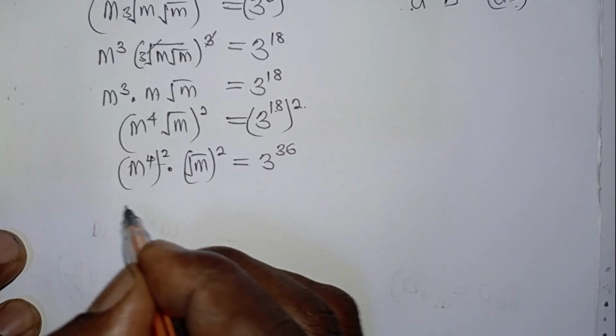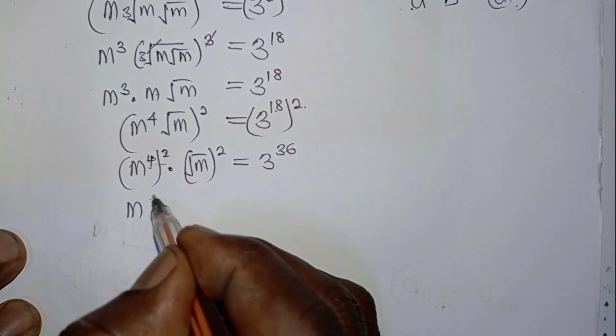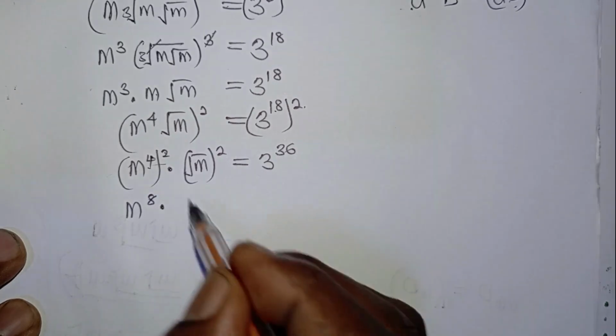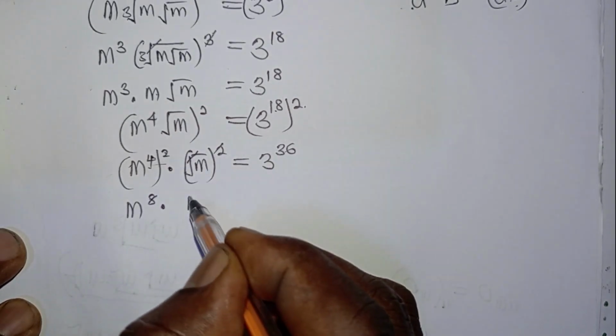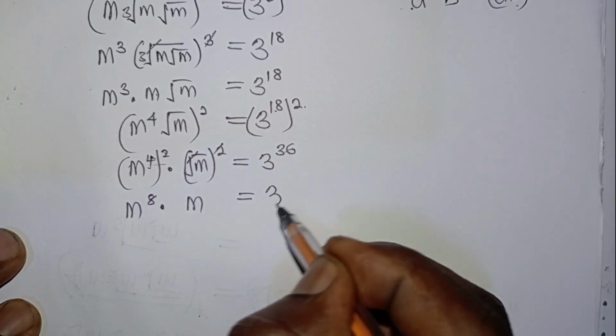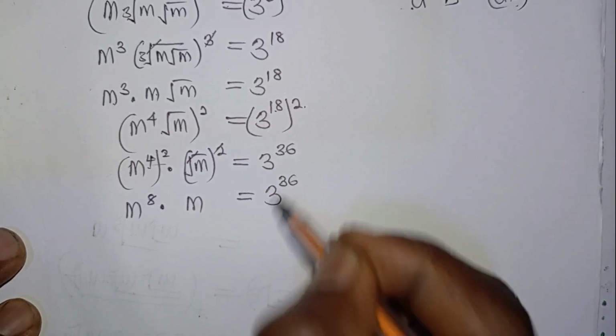So this will give us m to the power 4 times 2, which is 8, multiplied by the square root, the square root will cancel the square, and we're left with m equals 3 to the power 36.